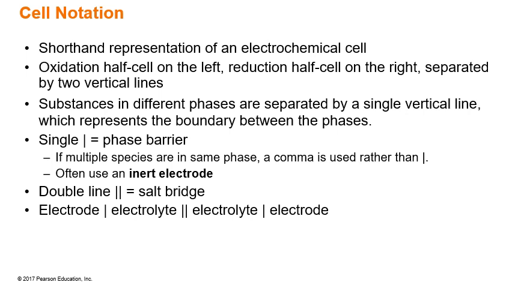So in the previous example, the electrode was zinc. For the oxidation, we would use a straight line to represent the transition between the zinc metal and the zinc solution.